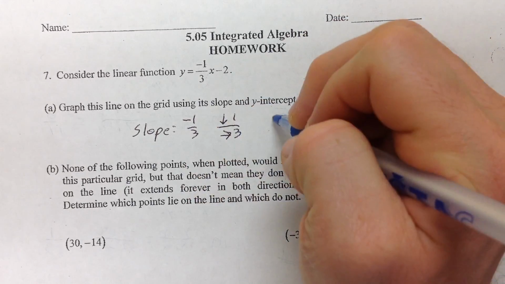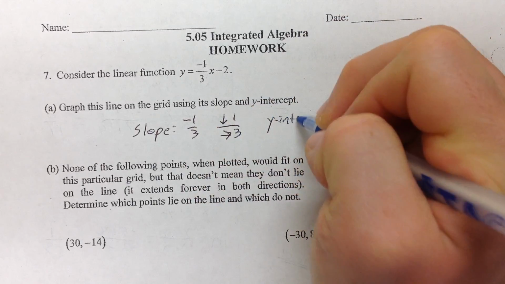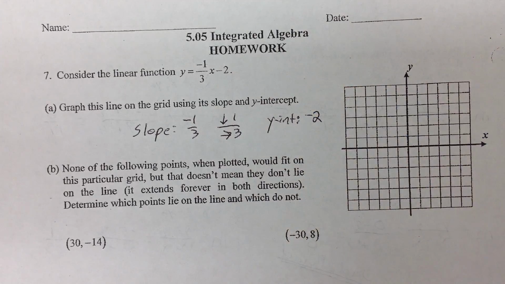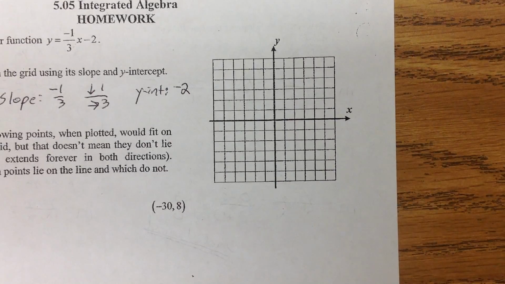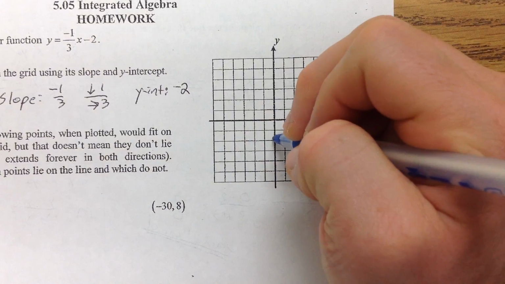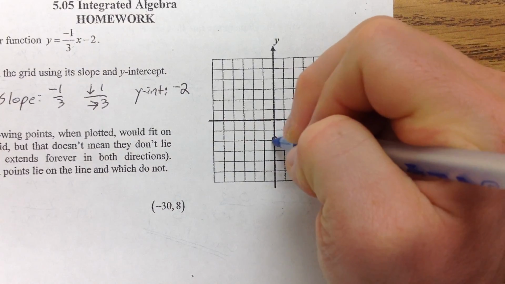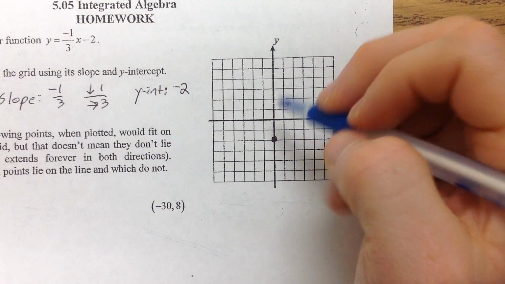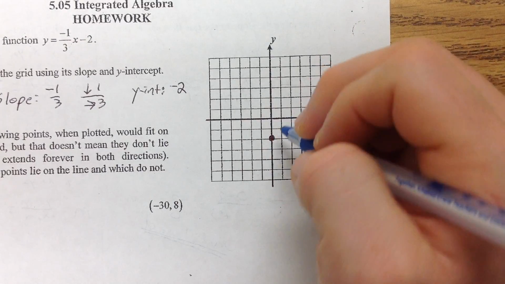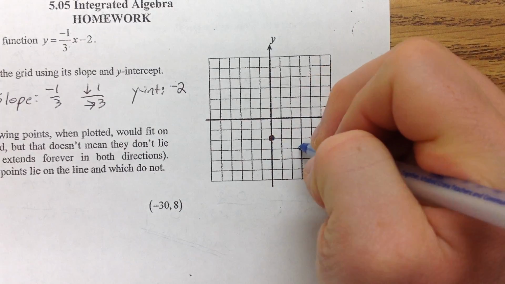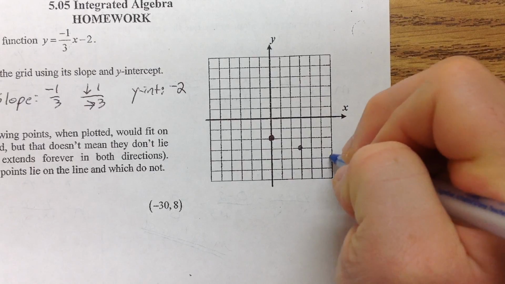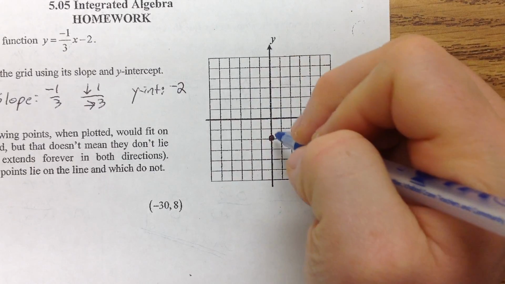And then our y-intercept is negative 2. That's the number that's not next to the x. So if we were graphing this, we would start down 2 because the y-intercept is negative 2. So we're starting at negative 2 on the y-axis. And then we would just go down 1 over 3, down 1 over 3. And you can always do the exact opposite.